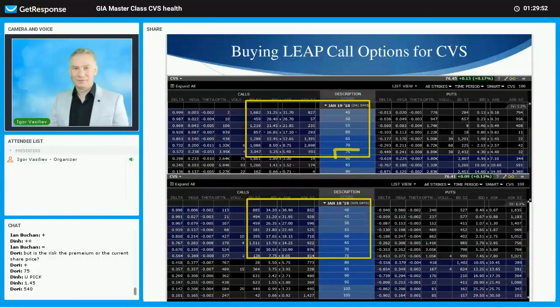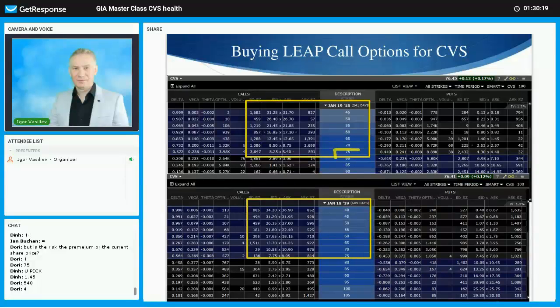That's what we're paying him for this right. So we need $5.40 minus $1.45, and we get $3.95, nearly $4. So $4 buys us a right to buy the shares at $75 for the next years.